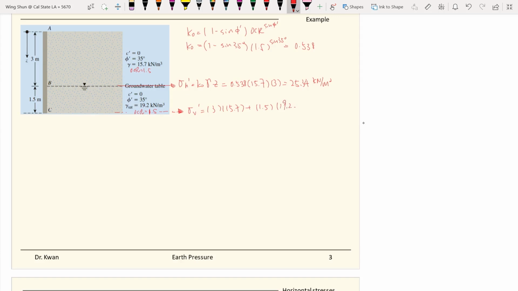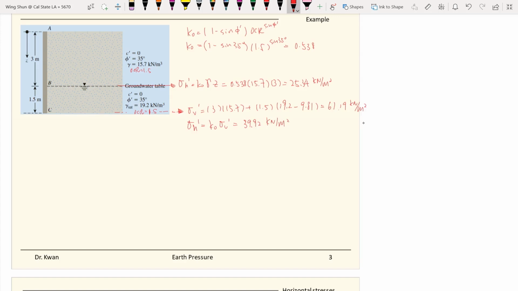So it is the unit weight minus the unit weight of water, which in SI units is 9.81, and this is equal to 61.19 kilonewtons per square meter. The horizontal stress again needs to be on an effective stress basis, so it will be equal to K naught times the vertical stress, with K naught again 0.538. The effective horizontal stress at the bottom will be 39.92 kilonewtons per square meter.